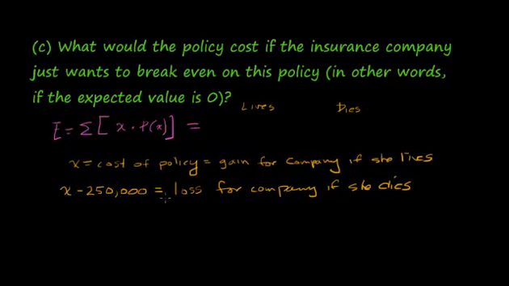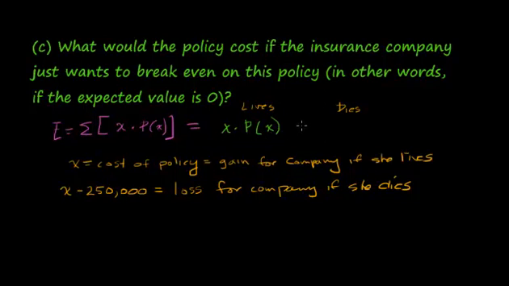We get a negative. Negatives represent a loss. So that's the loss for the company if she dies. So we can write out an equation here and say that if she lives, then they get the cost of the policy times the probability that she lives. That's the X times P of X here.